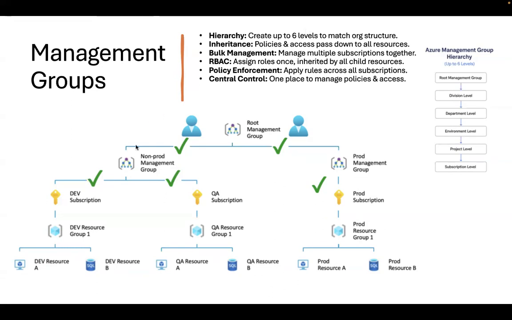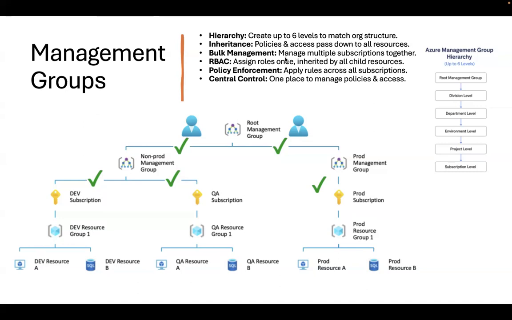Inheritance: if you apply a policy on, say, the non-prod management group, it is inherited by the underlying resources. It goes to the subscription and gets applied there, then from the subscription to resource groups and to the resources. So policies and access management are passed down to all resources.